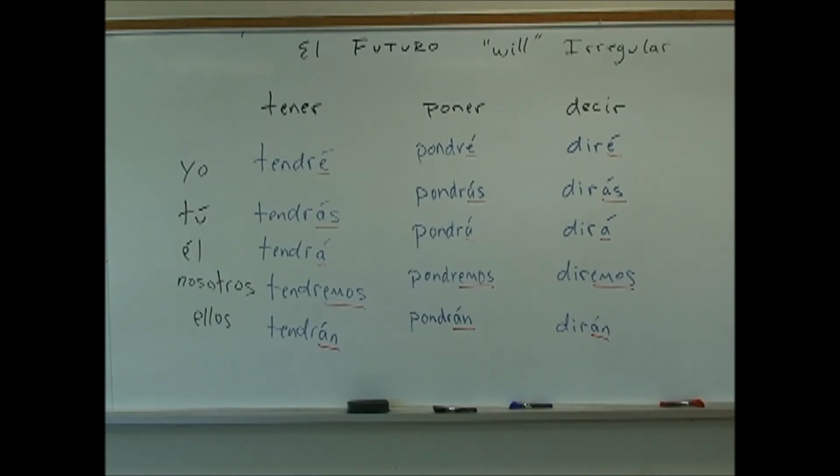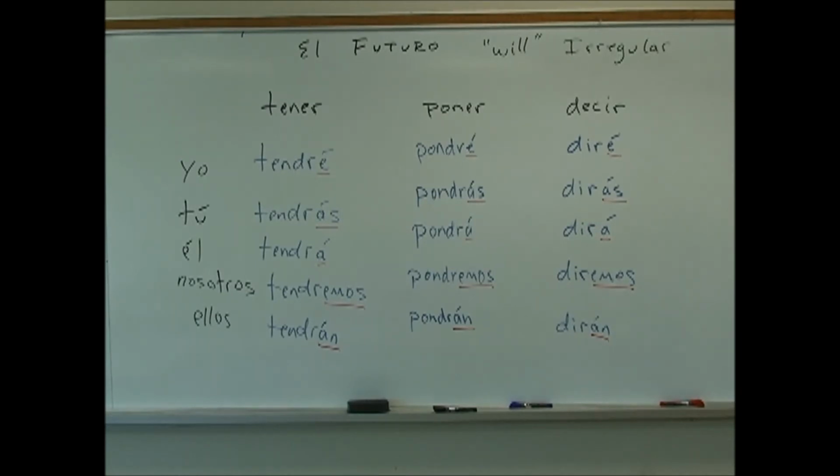So tener, the verb to have, it changes to yo tendré, I will have. Tú tendrás, you will have. Él tendrá, he will have. Nosotros tendremos, y ellos tendrán, they will have.